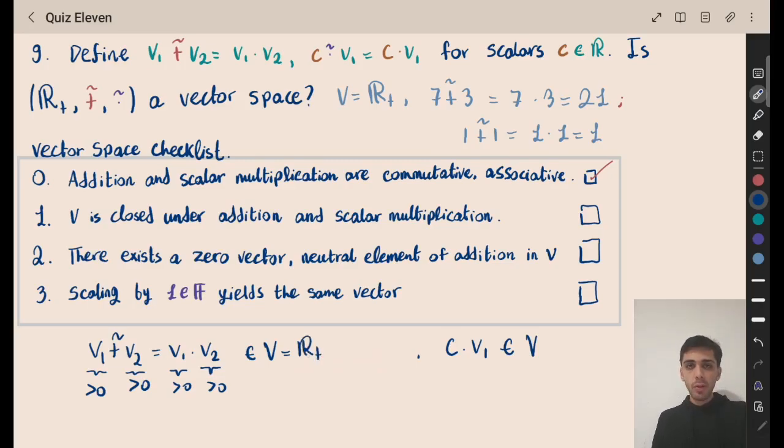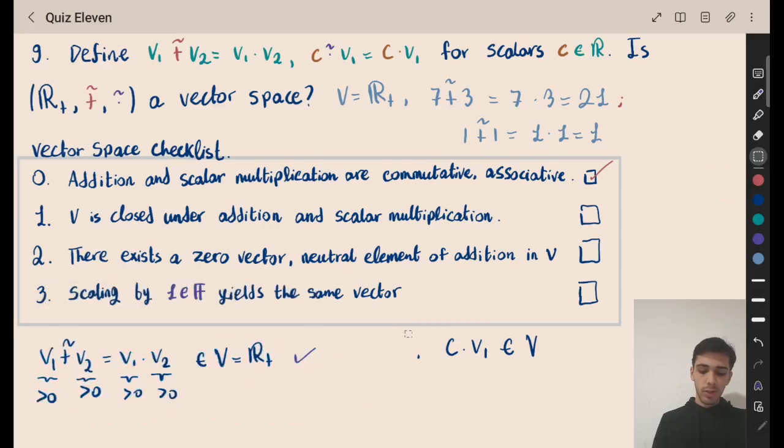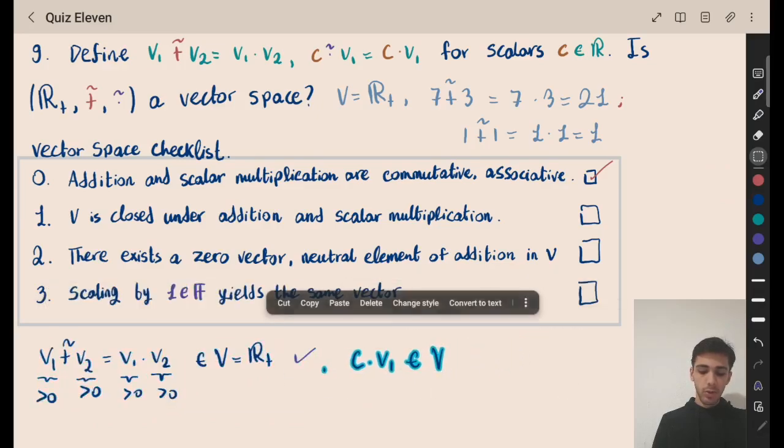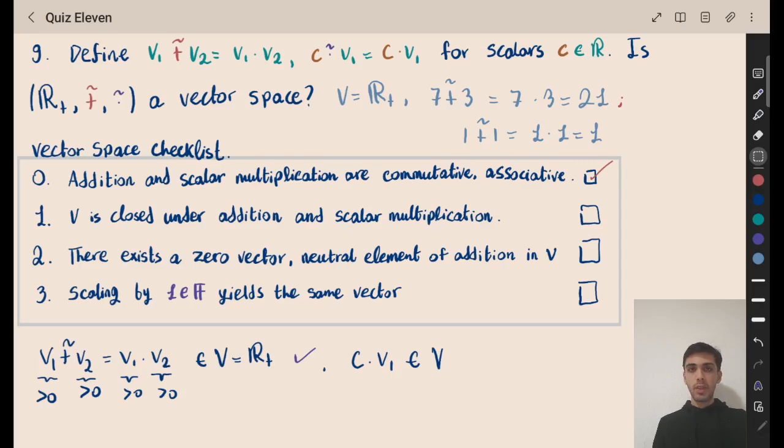A number is in R positive if it is positive. So what you're saying is that two numbers which are positive give a positive number when they are multiplied. And this is 100% correct. So we don't have any worries regarding the first one. And then you're probably thinking, okay, there's a problem with the second one. And yes, there is. And here's the problem.